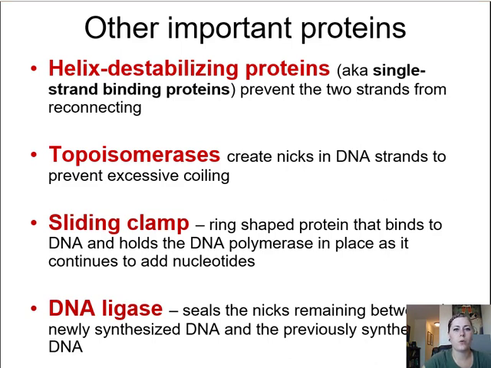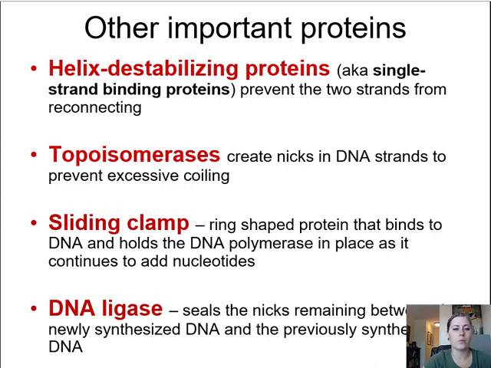Now there are some other important proteins at work here. So you have a single-strand binding protein, or a helix destabilizing protein, which prevents the 2 strands of DNA from reconnecting. This happens when the replication fork opens. Then topoisomerases will create nicks in the DNA strands to prevent excess coiling.